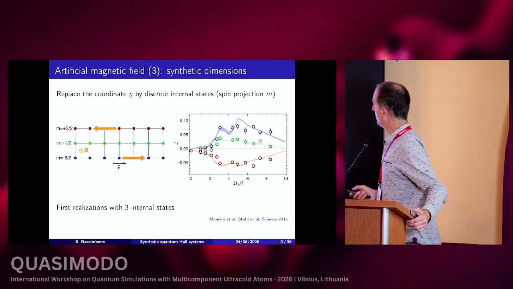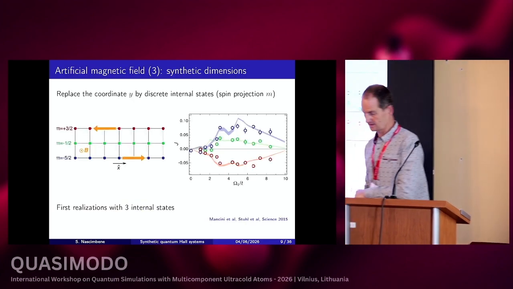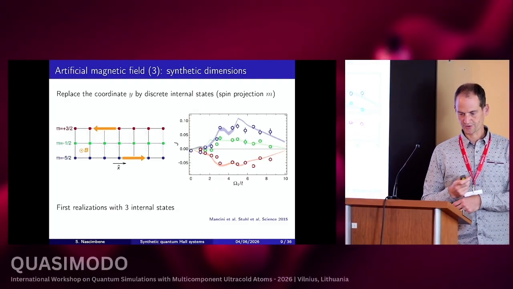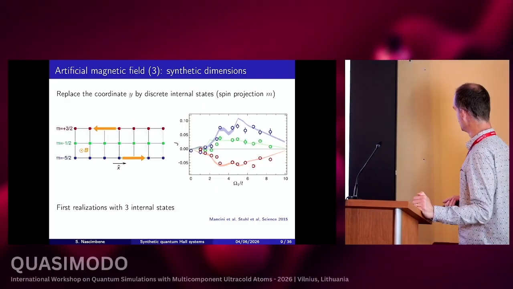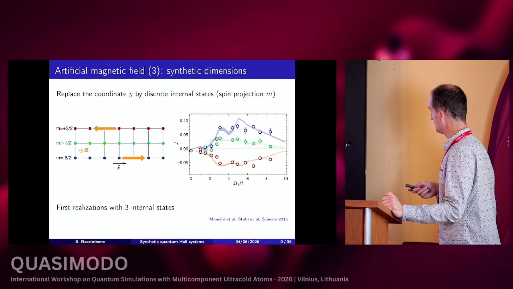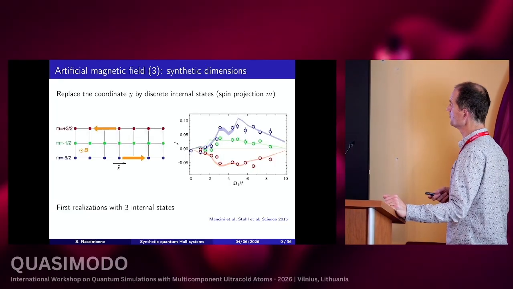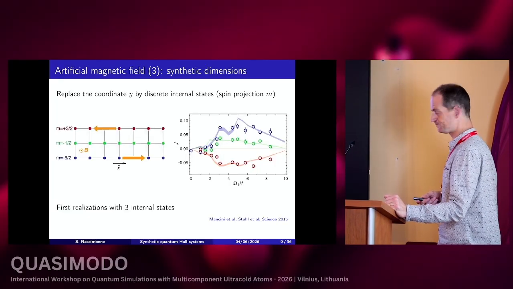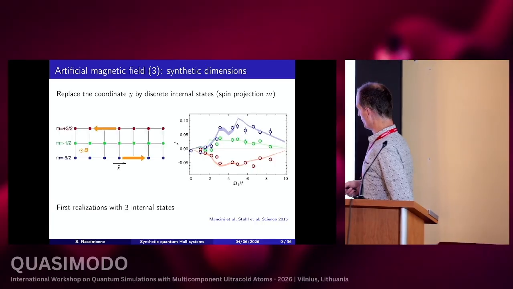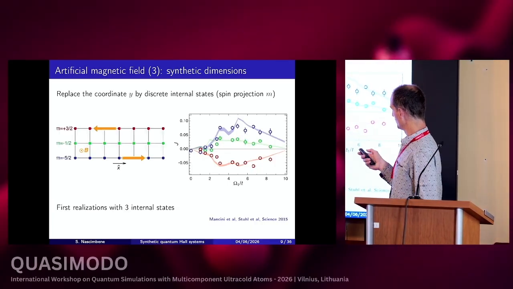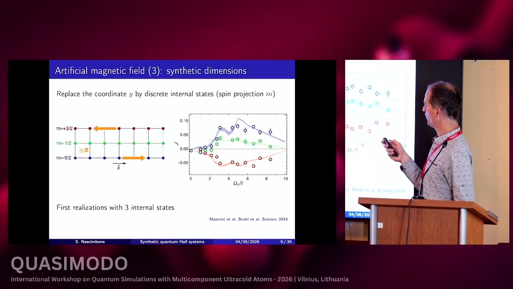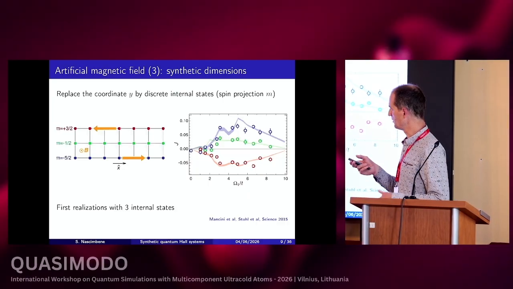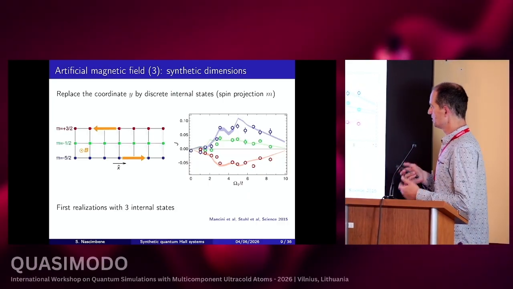Okay, and last, there was another family of techniques developed to simulate magnetic fields, which is the use of so-called synthetic dimensions, which means that in those systems, one replaces one spatial coordinate, let's say y, by an internal degree of freedom.